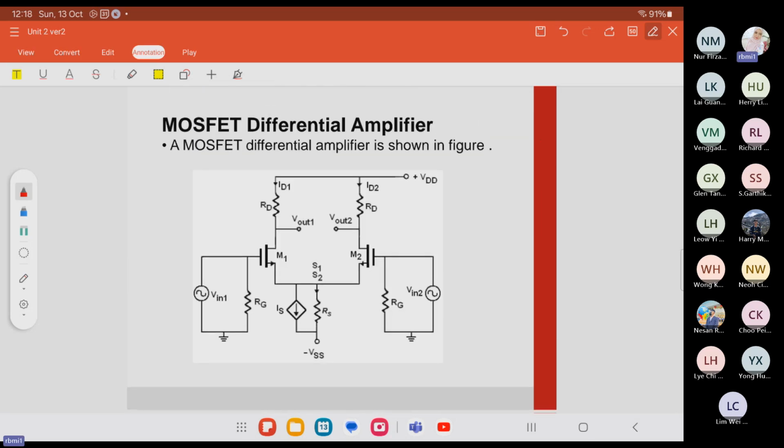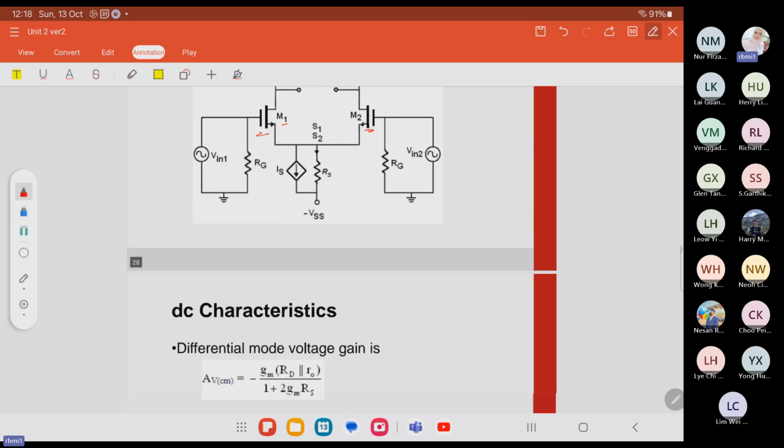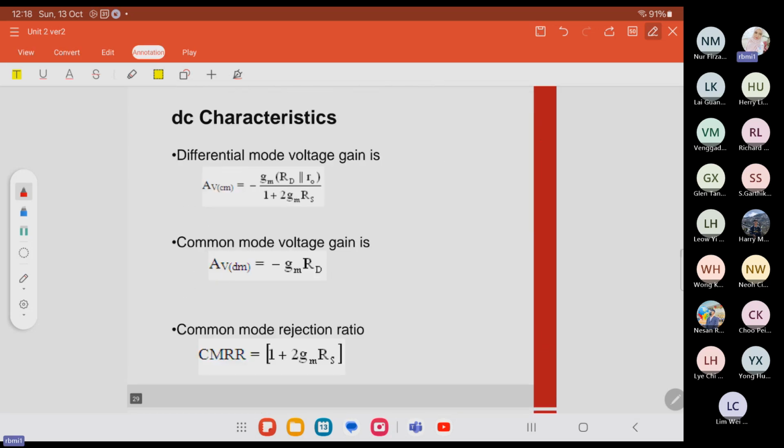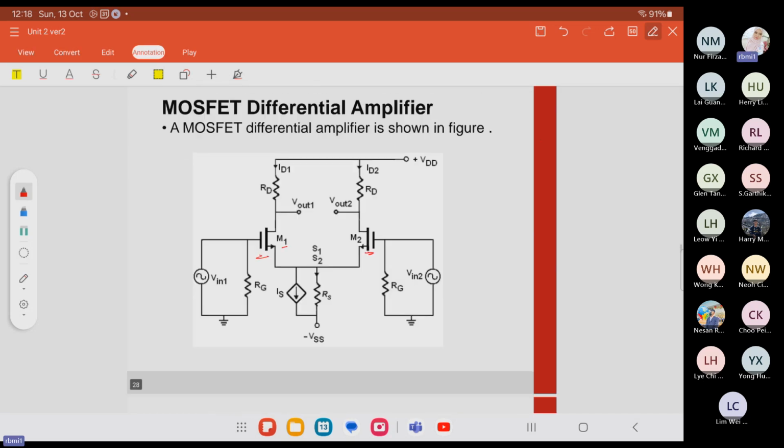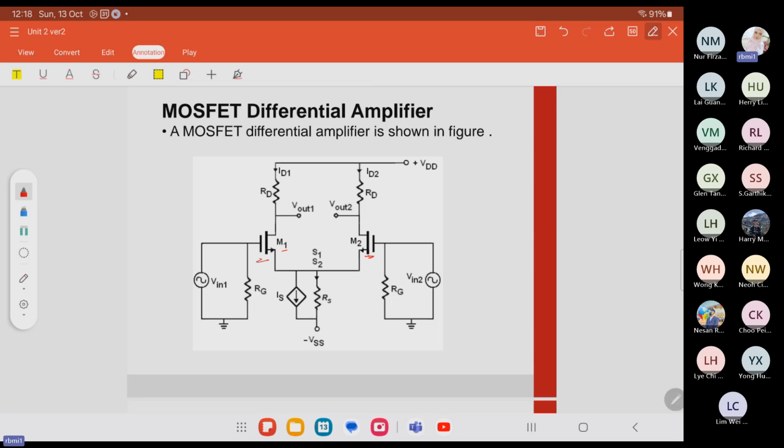The next one we have the MOSFET differential amplifier. It's slightly the same thing as previous. Oh sorry, this one we use MOSFET, just now we used the JFET. So we change to the MOSFET M1 and M2. This one is just to show you guys that we can change the JFET with the MOSFET.